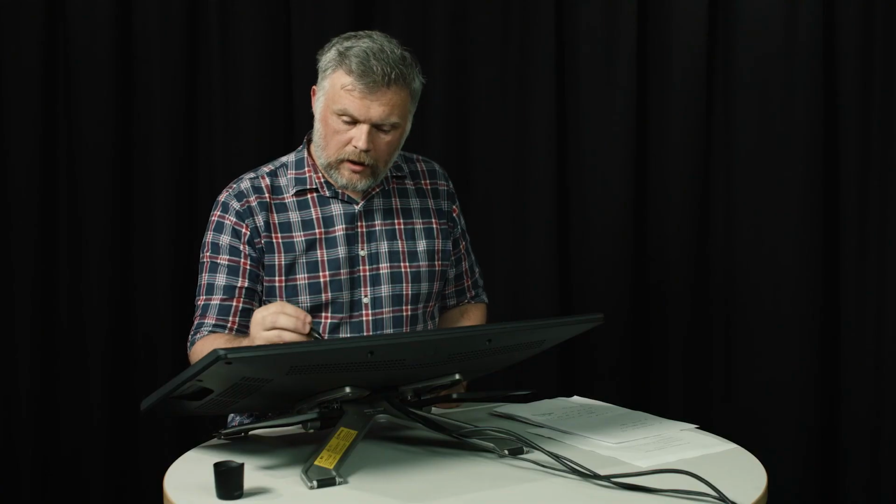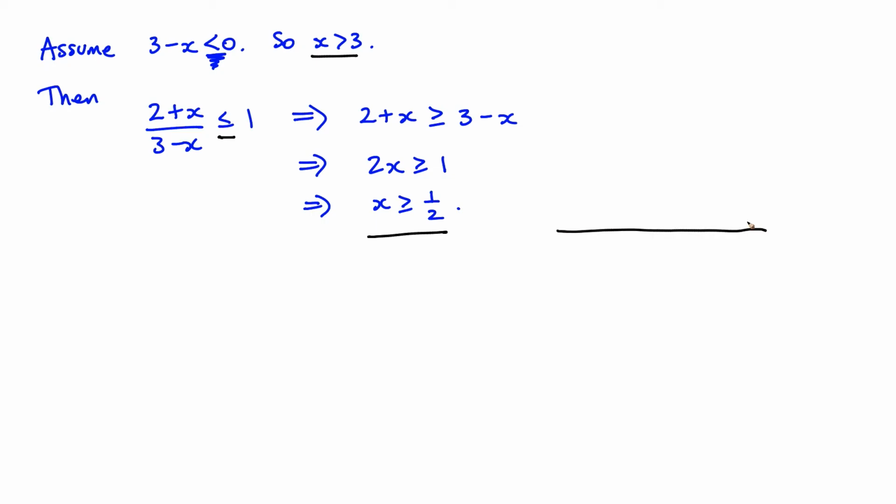So let's think about the number line again. So we have our 0, we have a half, we have 3. Now for all of this to work, we needed x to be something out here. Bigger than 3, not including 3. And if that's the case, then we got a potential solution of anything bigger than or equal to a half.